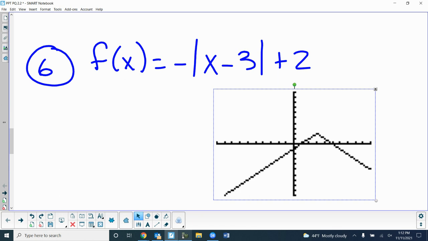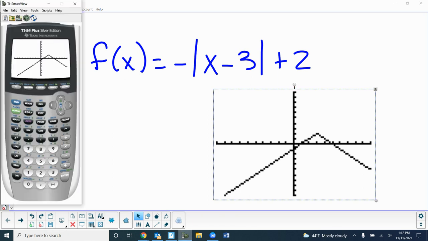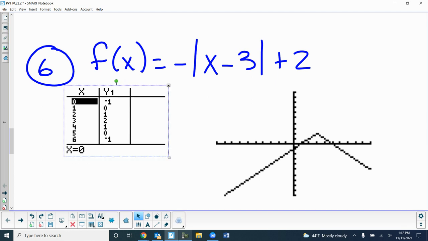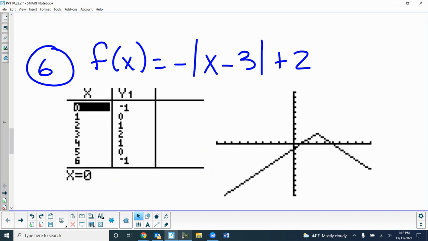Okay. The reason I want to go to the table, I like to make it symmetrical, my table. So I have some points, all right?